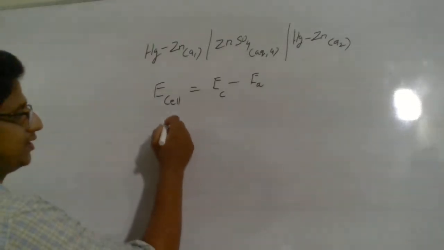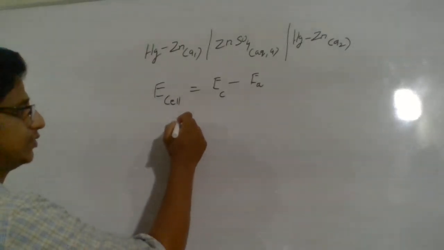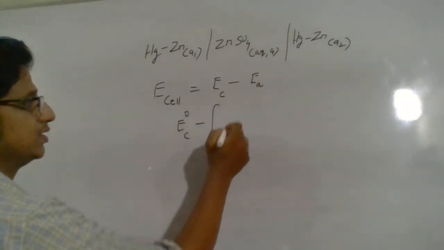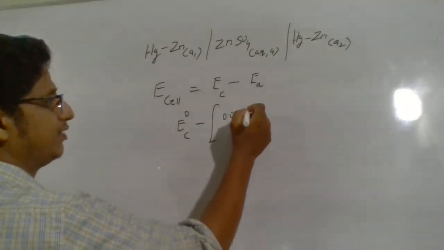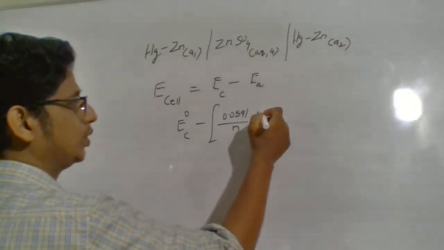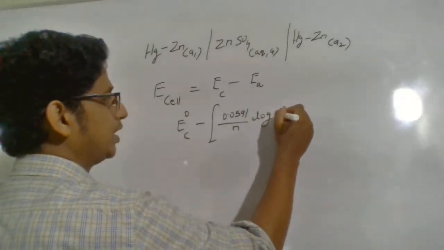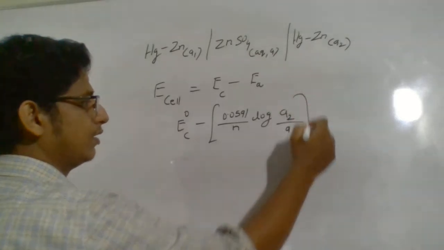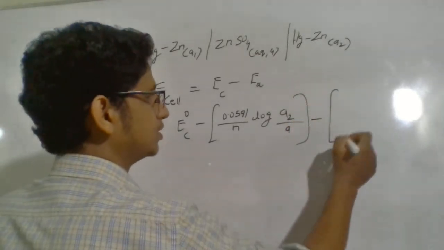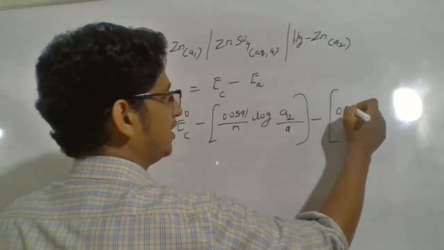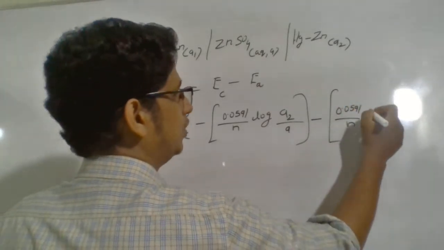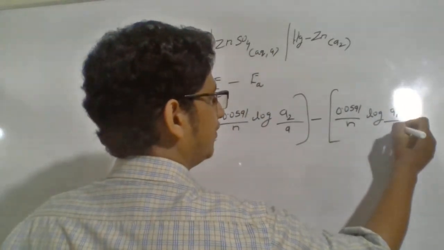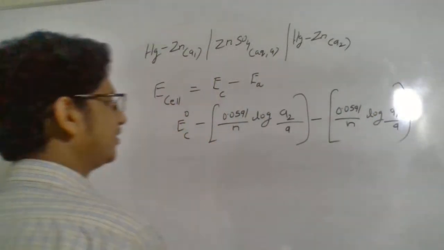So E cell is equal to E0 cathode minus 0.0591 divided by n log A2 divided by the concentration of electrolyte A, minus E0 anode minus 0.0591 divided by n log A1 divided by A. This is the general way you can write it.